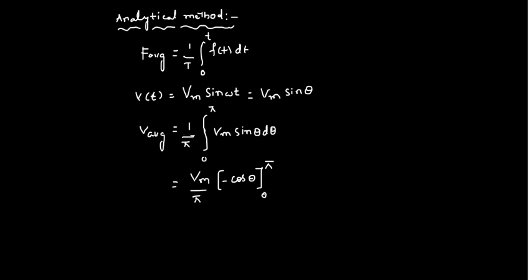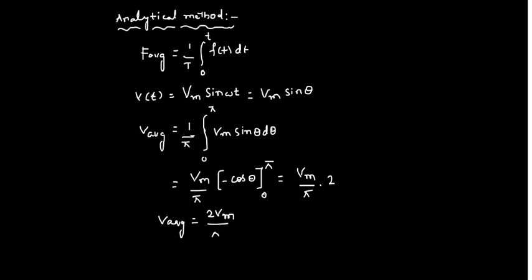Substituting the limits, we get Vm by pi times the difference of the cosines, where cos 180 gives minus 1, so the result is 2. The final average value of the sinusoidal voltage v of t equals Vm sin omega t is 2 Vm by pi.